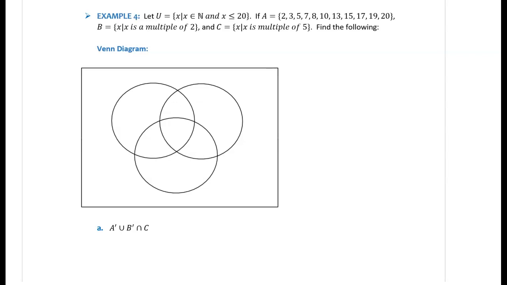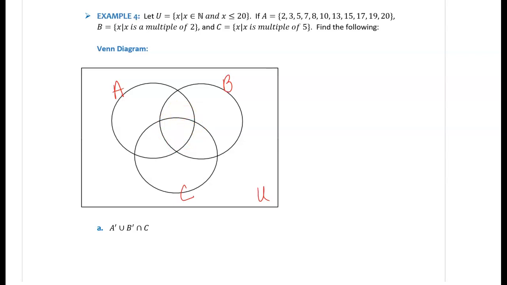So first, let's label our sets A, B, C, and our universal set is labeled. How you should create this Venn diagram is start from the innermost region working outward, meaning I want to find the elements that are in the green. That region is the intersection of all 3 sets.